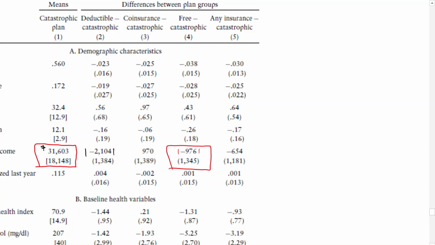So if we just look at family income, from column 1, the catastrophic plan, it's 31,603.